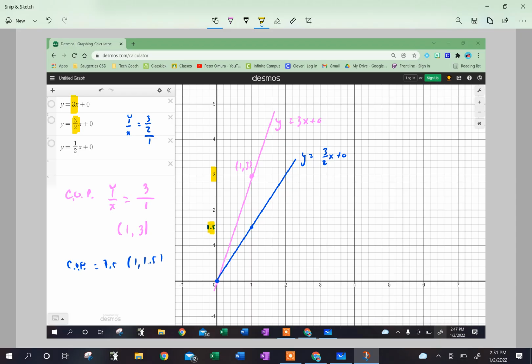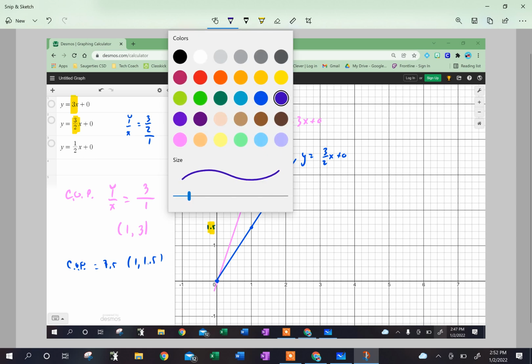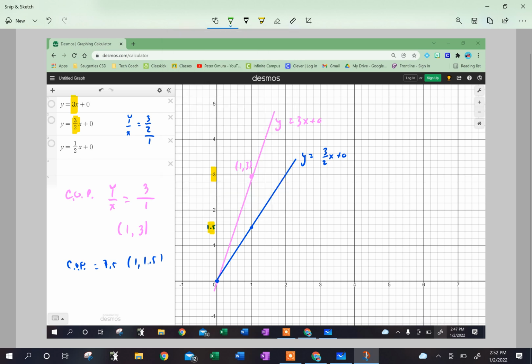I'll do this one over here in a different color. Once again, I'm going to start at 0, but my constant of proportionality is 1 half.